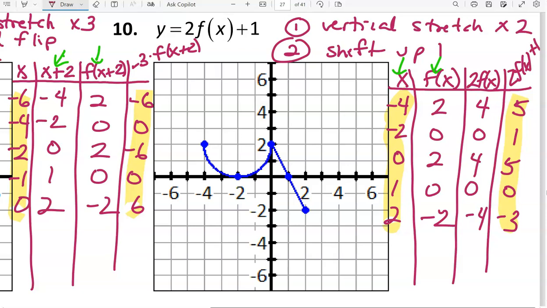So (-4, 5) is the first point, (-2, 1), (0, 5), (1, 1), and (2, -3).